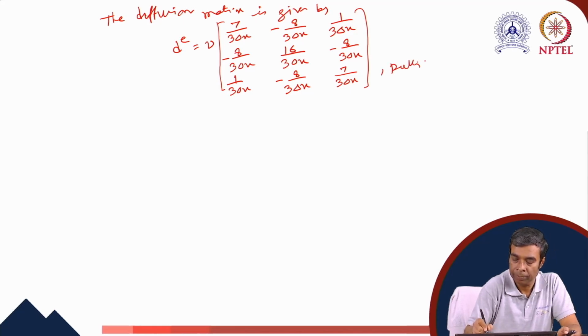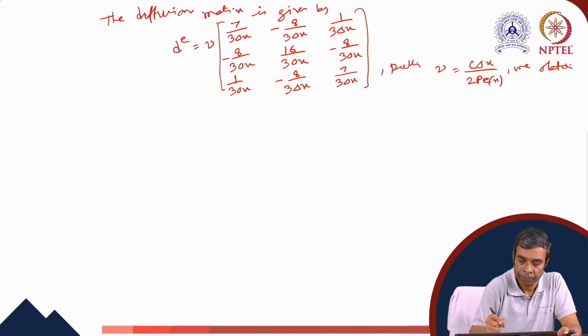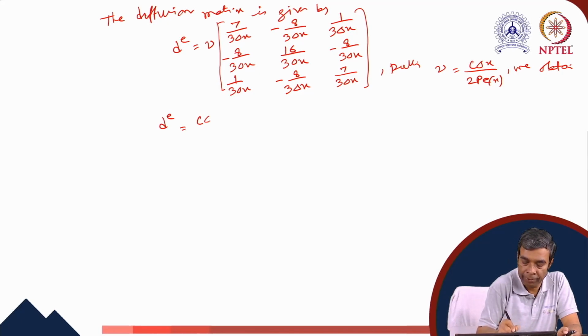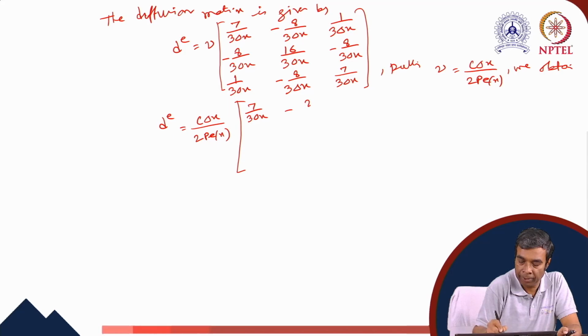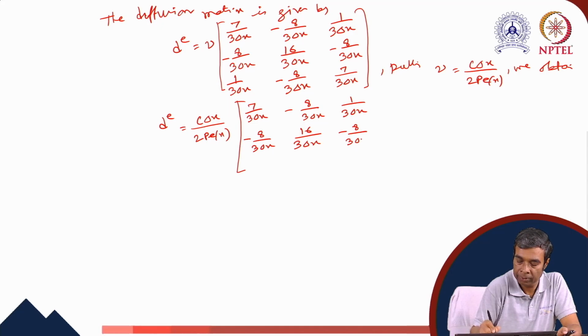Putting nu equals C delta x by 2 PEX here, we obtain DE equals C delta x by 2 PEX into the same matrix.